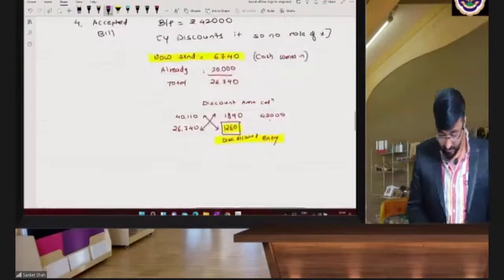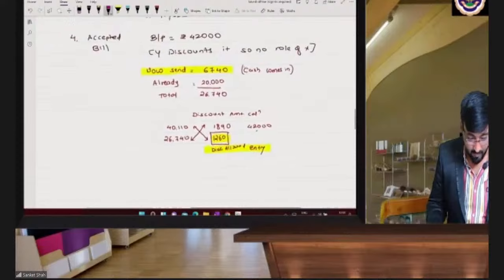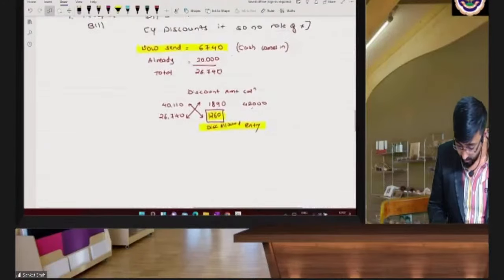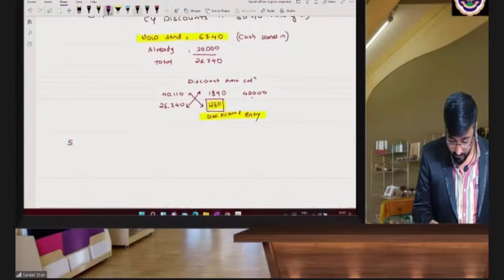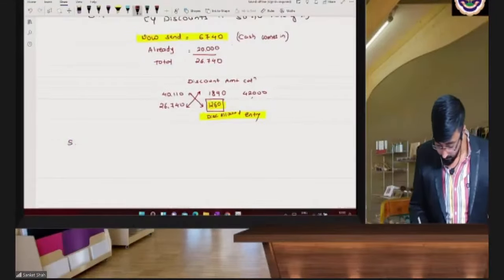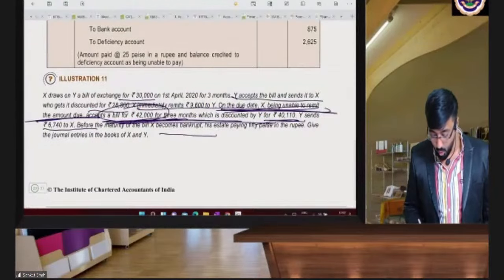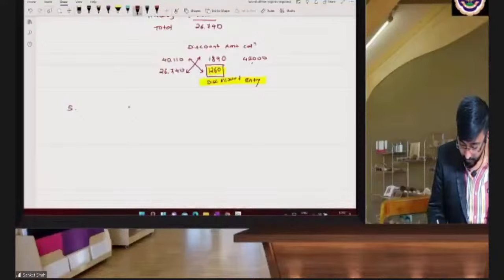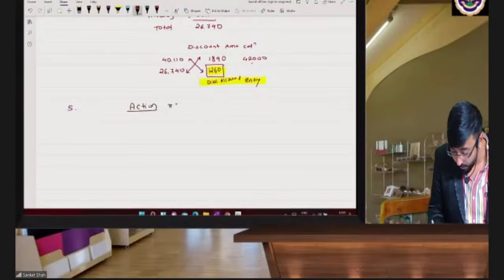Okay, sir. Now what happens? So now 5 number. Now I'm going to write it. Now event number 5, on due date, he becomes bankrupt. Now actually action required. What is the action which is required?